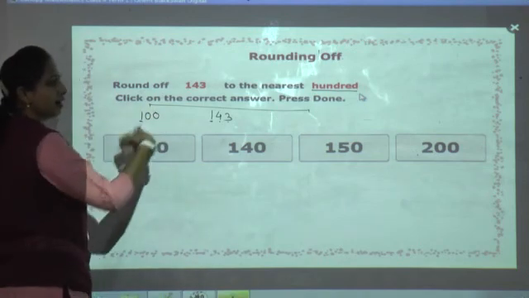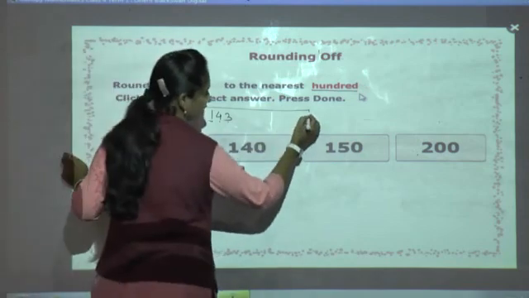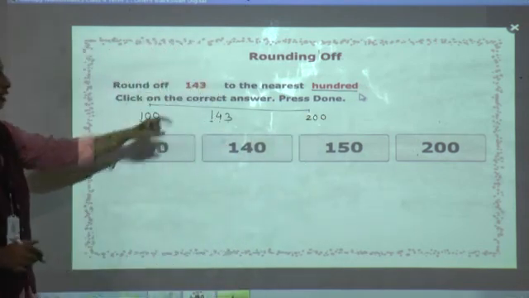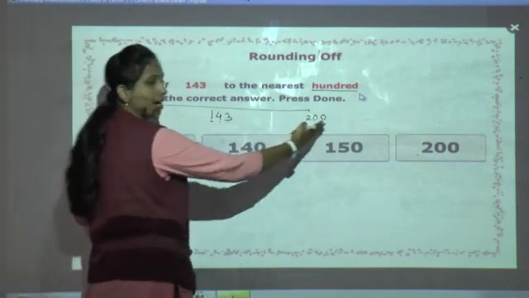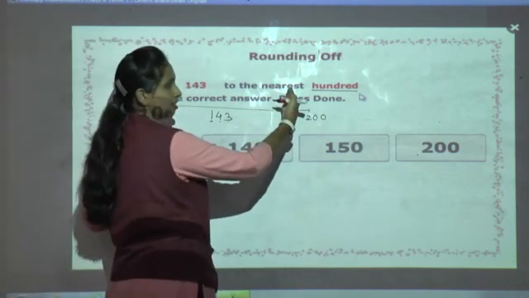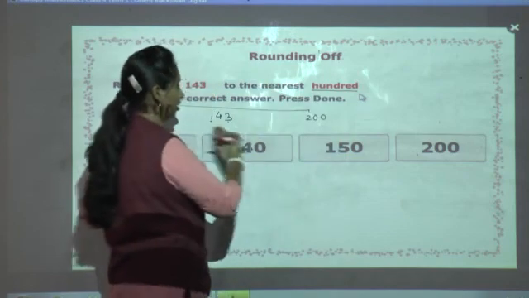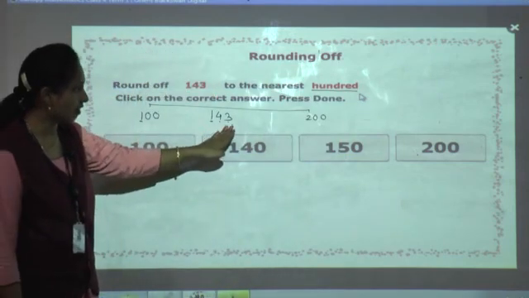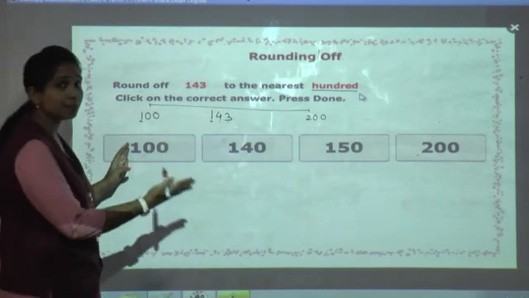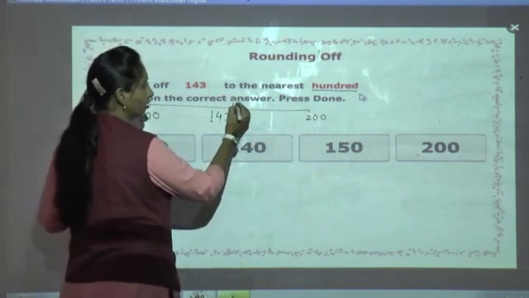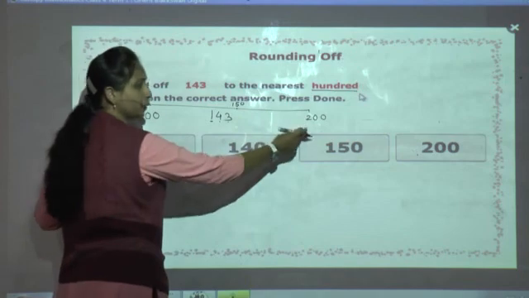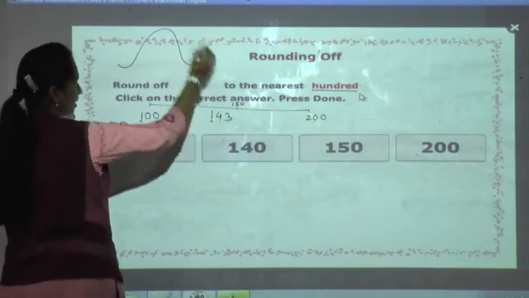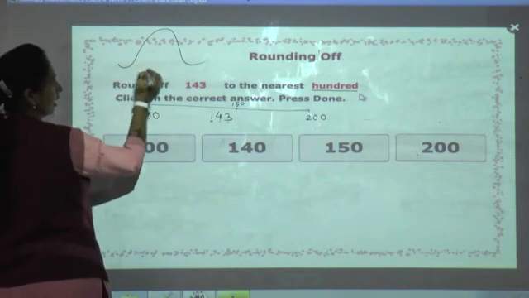100, and after 100 comes 200. So 143 lies between 100 and 200, because they are asking nearest to 100. Now can you tell me what the midway number will be? 150, between 100 and 200. Do you remember the hill? Let me recall once again.